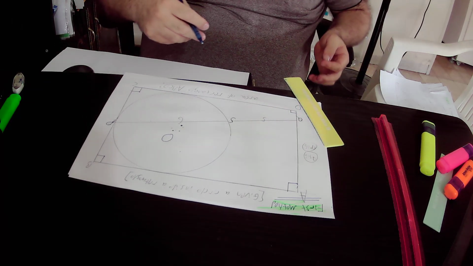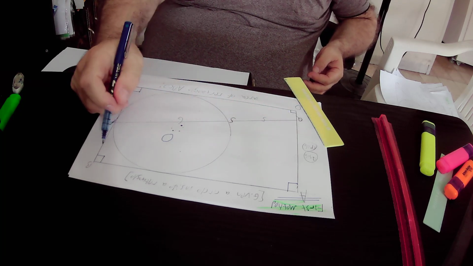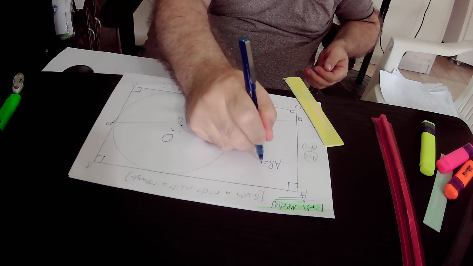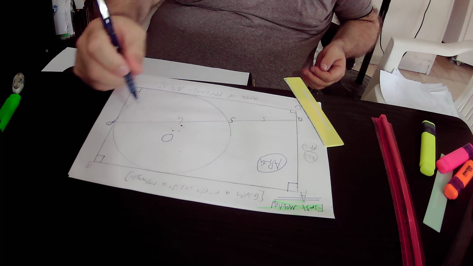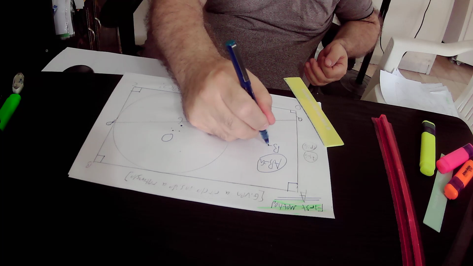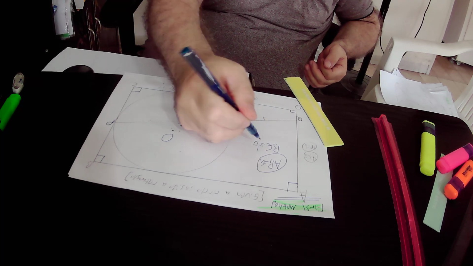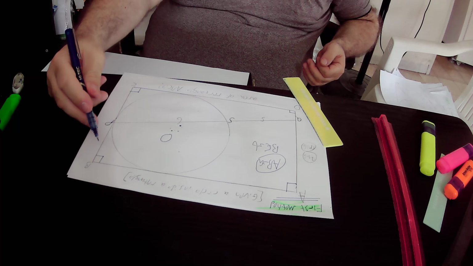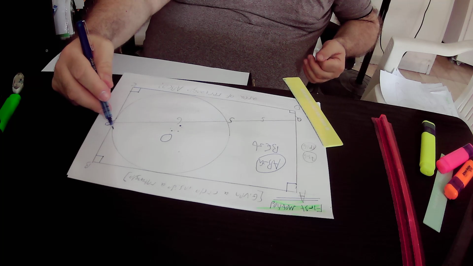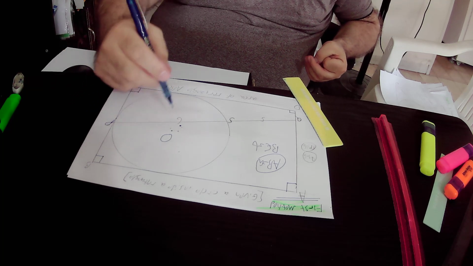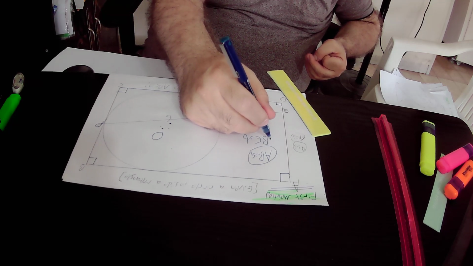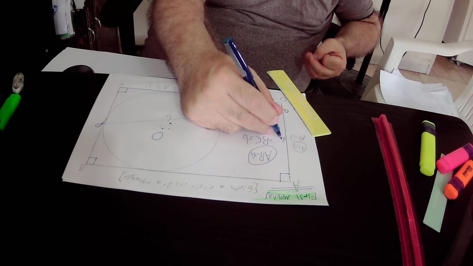We will define side AB of the rectangle as A. We will define side BC, the width of the rectangle, as B. It is very easy to prove that the width of this rectangle is also the diameter of the circle. So BC also equals the diameter of the circle.